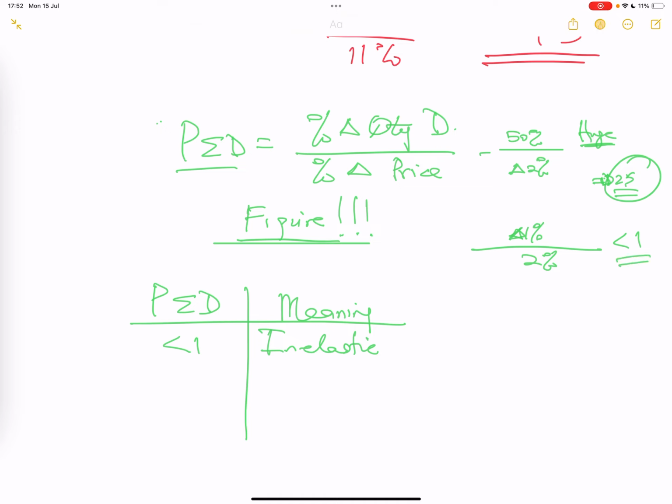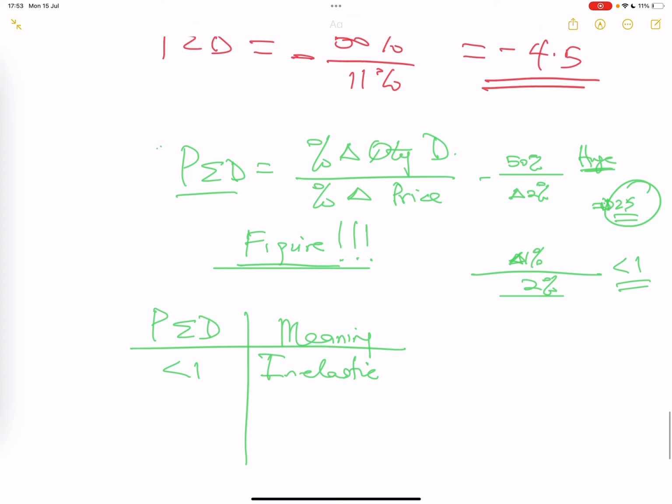And in that case, it means that even when the price is changing by 2%, the quantity demanded is not even responding as much as the change in price. So it's inelastic, it's unchanging. See elasticity as change. That's the meaning of elasticity. Look at having a rubber in your hand. If it's elastic, you're able to pull it wide so it can change its length.